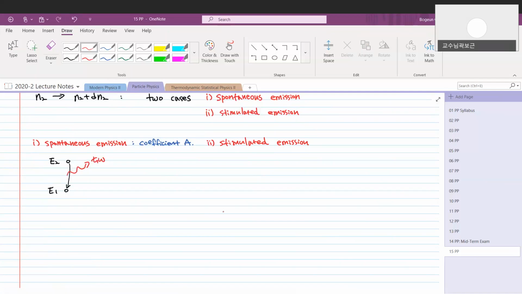Stimulated emission is related to an atom stimulated by free photons. Let's see this.